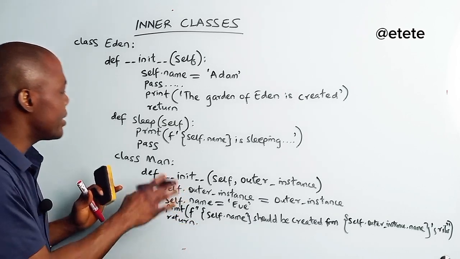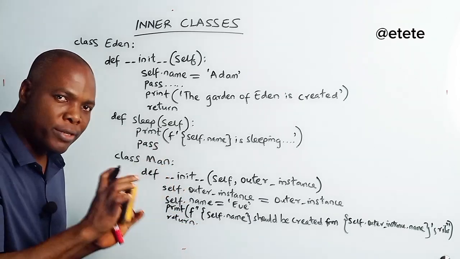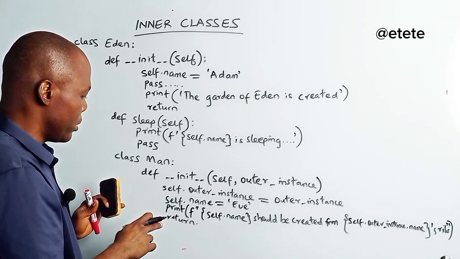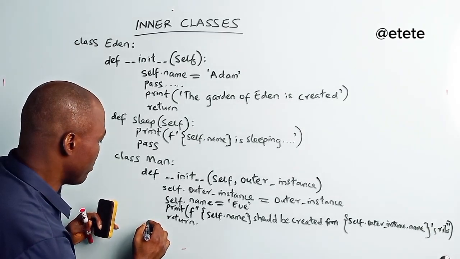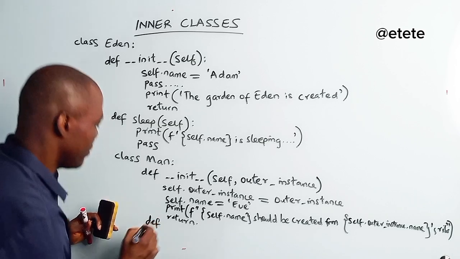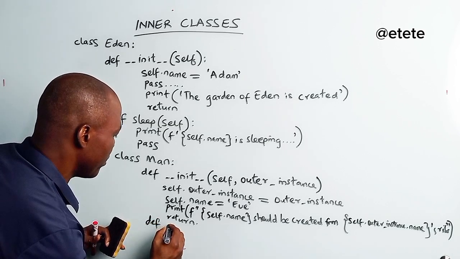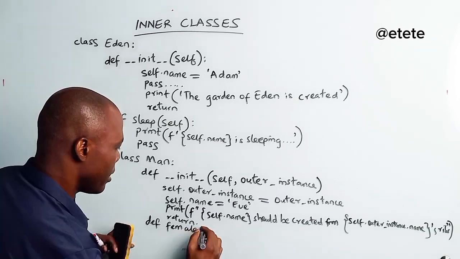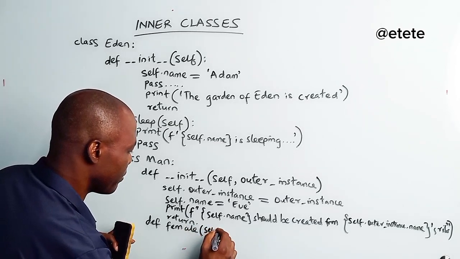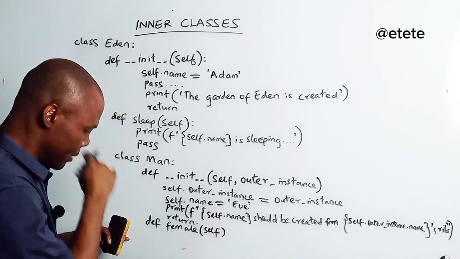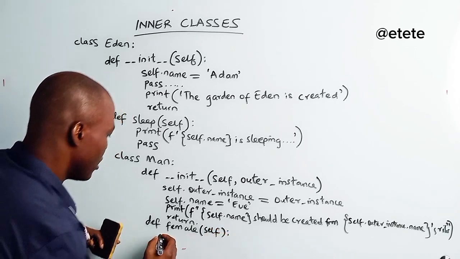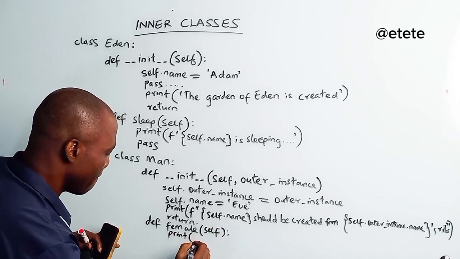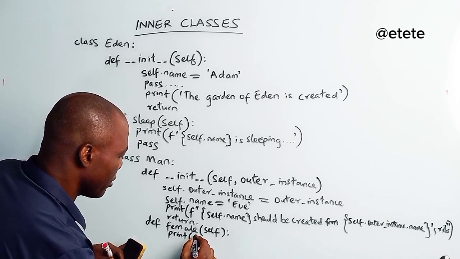Now, inside this class, I want to define another method. I don't know if you are still going to be able to see it, but let me just write it here. Def, and then I will say female, and then you supply self. And then you close it. So in this place, you now say print, then the format string.